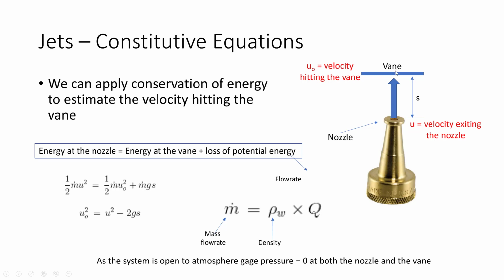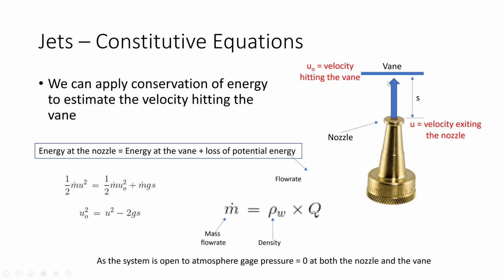A vein simply is an obstruction. This could be an impeller blade, or a wall that we want to wash, whatever it may be. So a vein is simply a structural obstruction that this jet is going to impinge upon, and we'll assume that this vein is at a distance s from the nozzle.